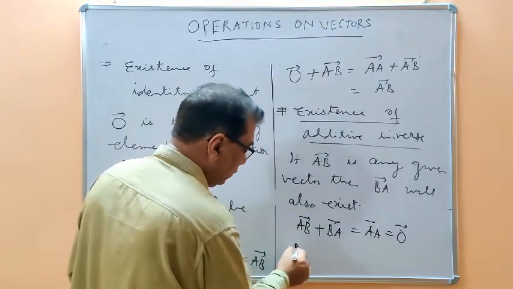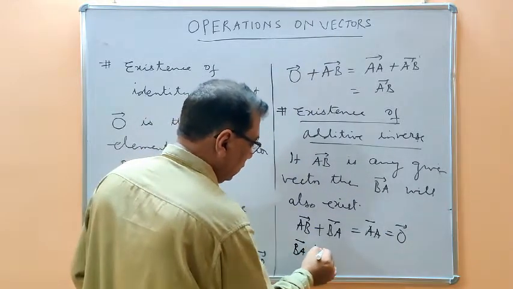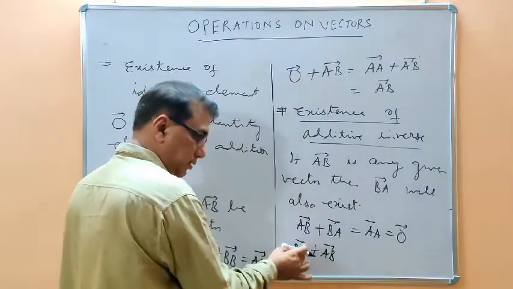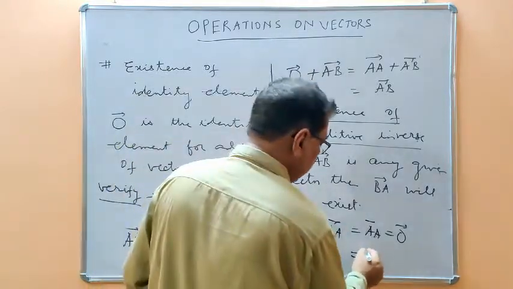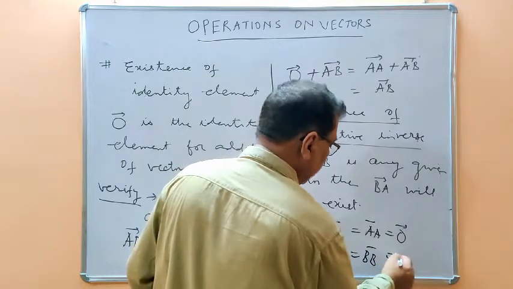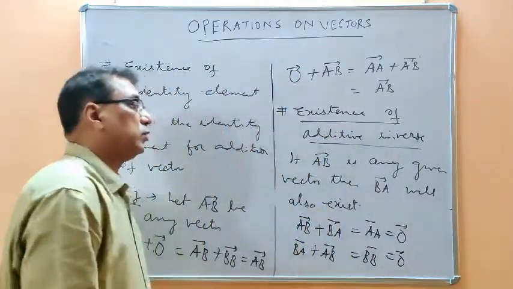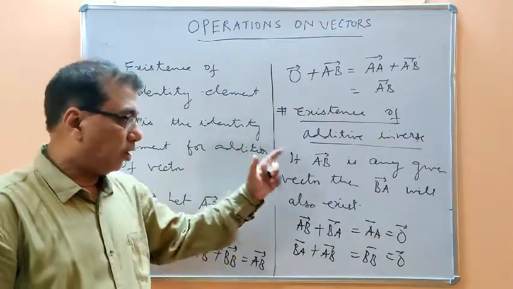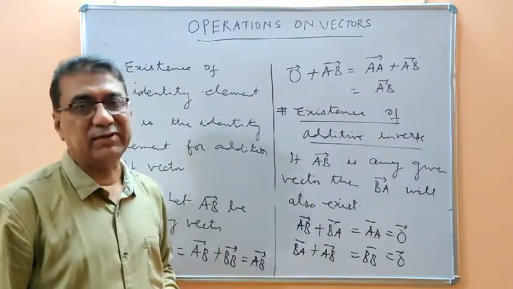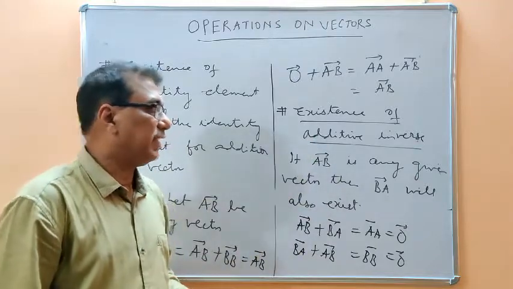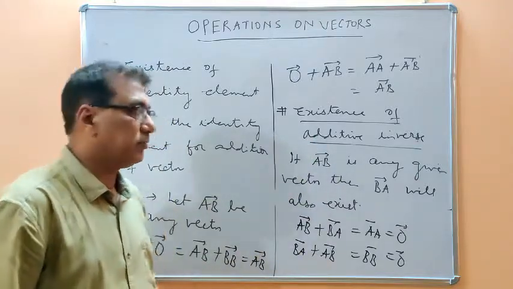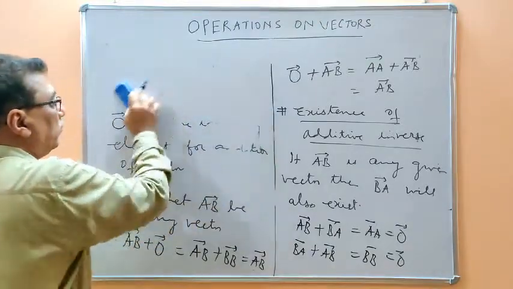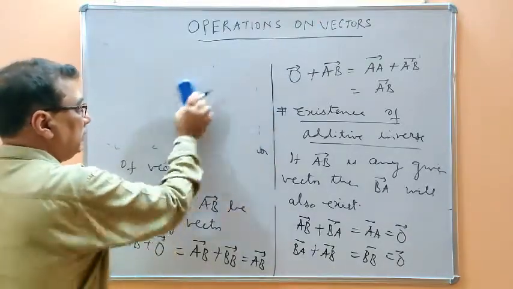And if you go in the other direction, suppose I write this vector in the first place, then it is BB. This is also the 0 vector. Okay. So for every given vector, there always exists its additive inverse. So that is the meaning of existence of additive inverse. Okay. So those were the four properties of addition of vectors.